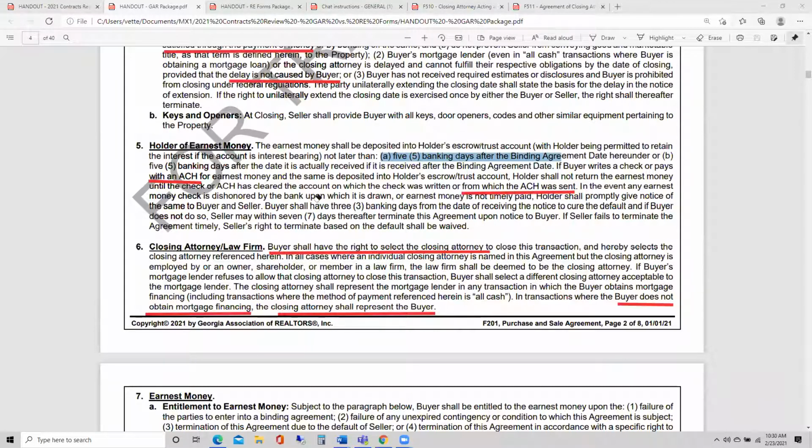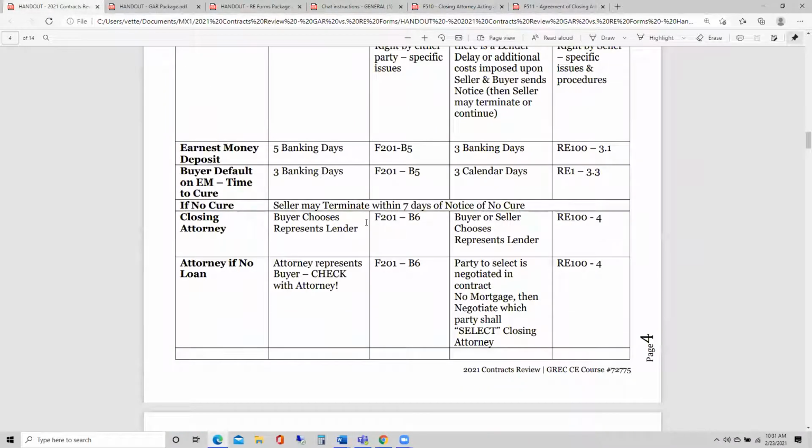So if it isn't honored by the bank or the buyer never remits it, then it is all spelled out here in this paragraph and in the RE forms. It is spelled out what happens.